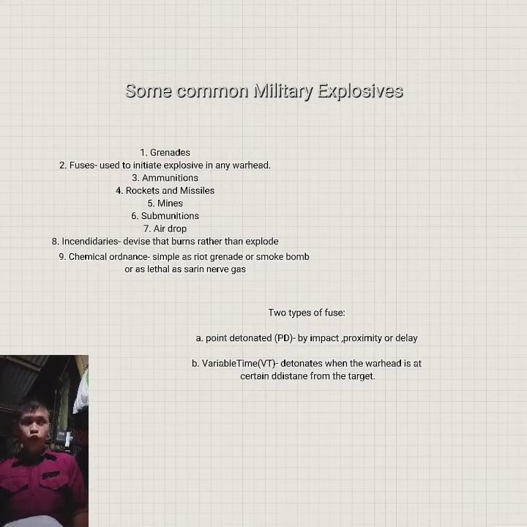If we talk about grenades, we should already know what grenades are. Number 2 is fuses, used to initiate explosives in any warhead. There are two types of fuses: point detonating and variable time. Point detonating works by impact, proximity, or delay, while variable time detonates when the warhead is at a certain distance from the target.